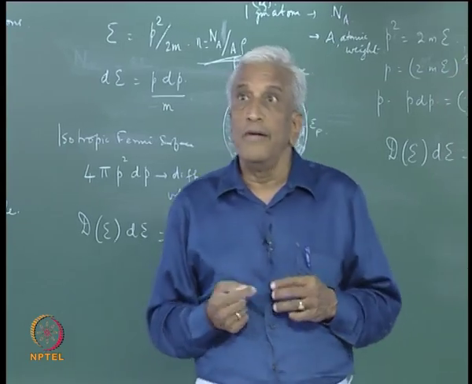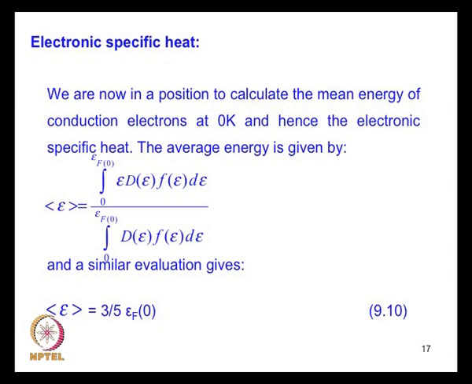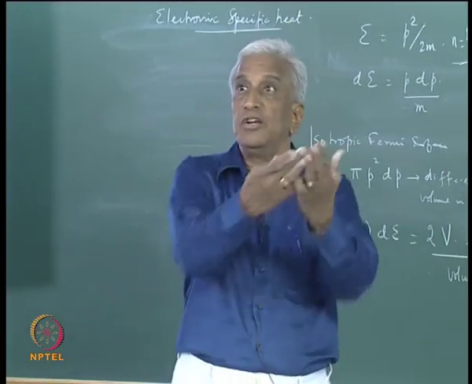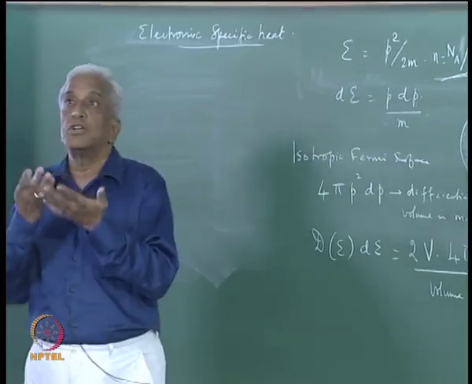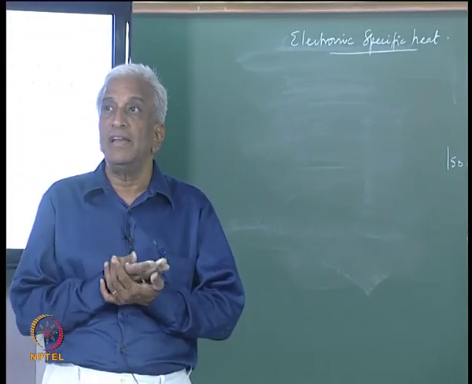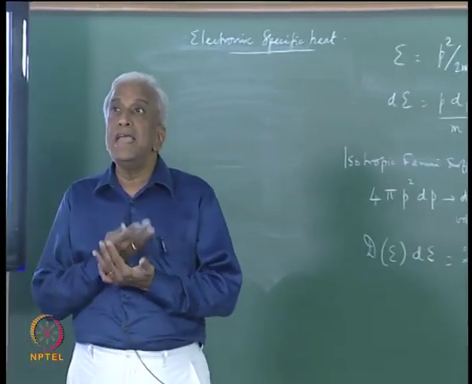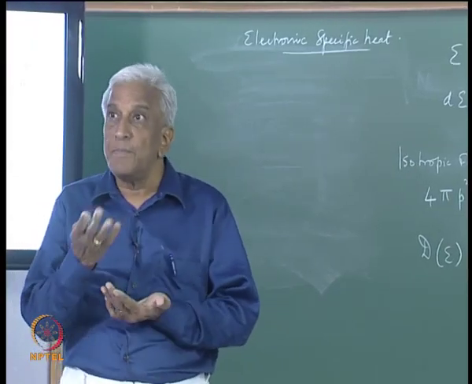So, now we will use these concepts to calculate an important thermal property, namely the electronic specific heat. This means that this electron gas, if you inject some heat energy into it, the electrons absorb this energy and their temperature goes up. So, the specific heat is defined as the rate of change of the mean internal energy of the conduction electrons at 0 K with respect to temperature.